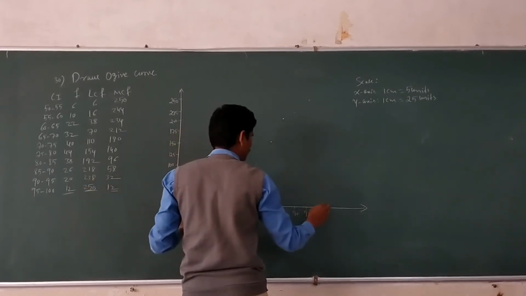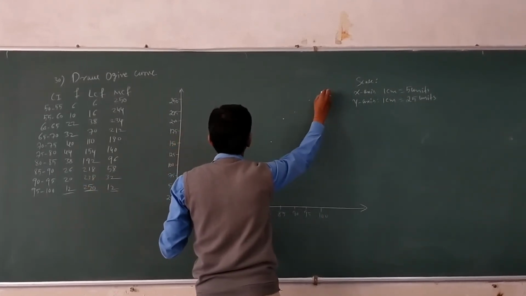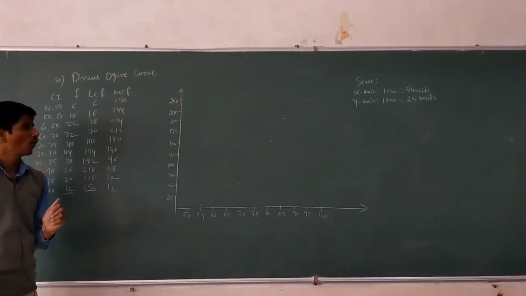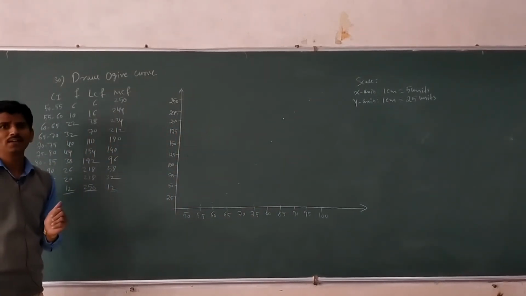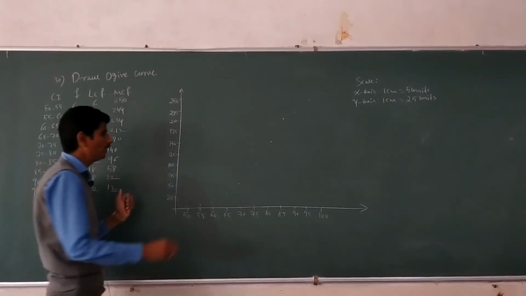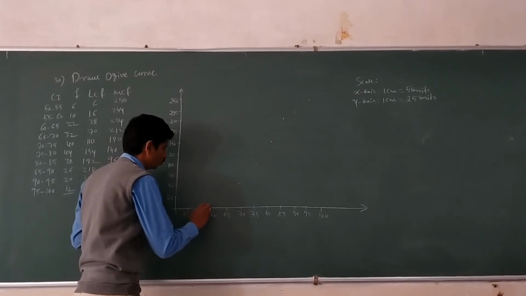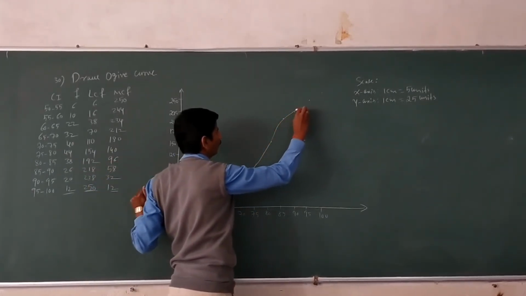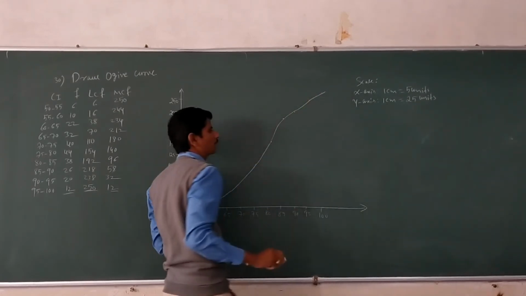The next, 100 is 250. Joining these points by a smooth curve or a free-handed curve, this is the less than cumulative frequency curve.